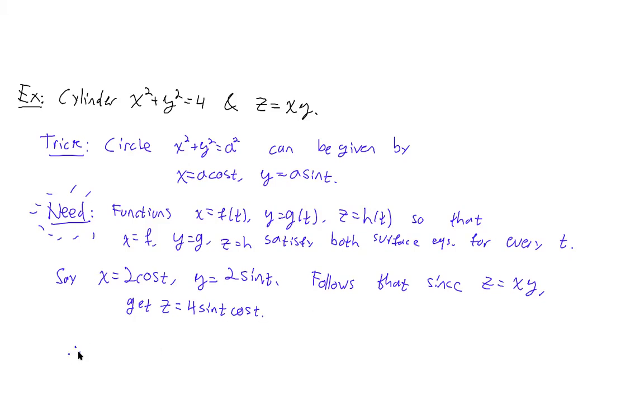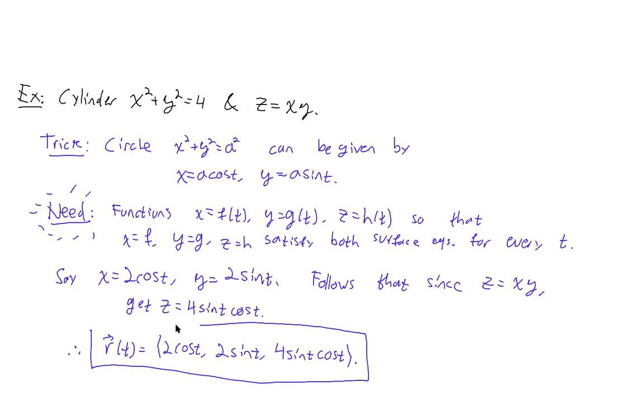So the upshot of all of this as our final answer is that r of t is equal to 2 cosine t, 2 sine t, and 4 sine t cosine t. So that, I claim, is our final answer. And how do we do this?